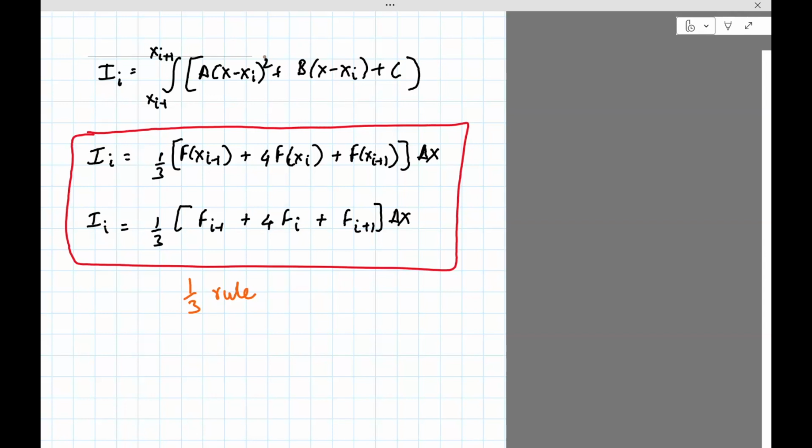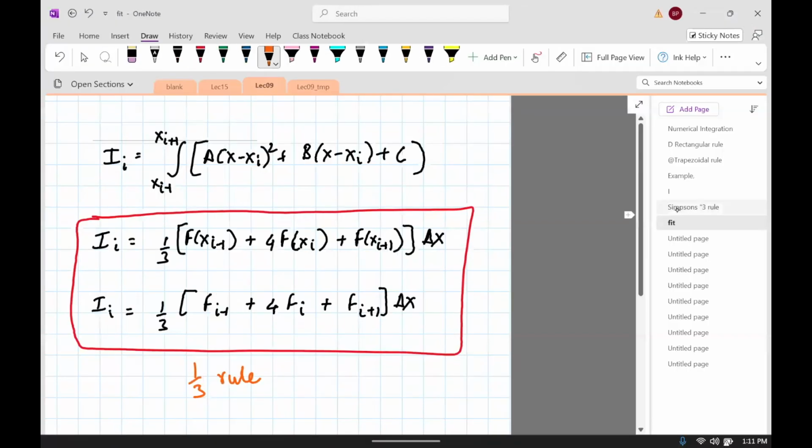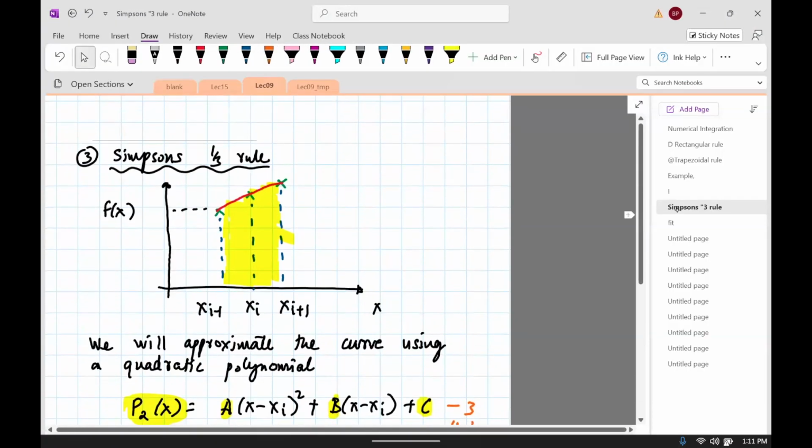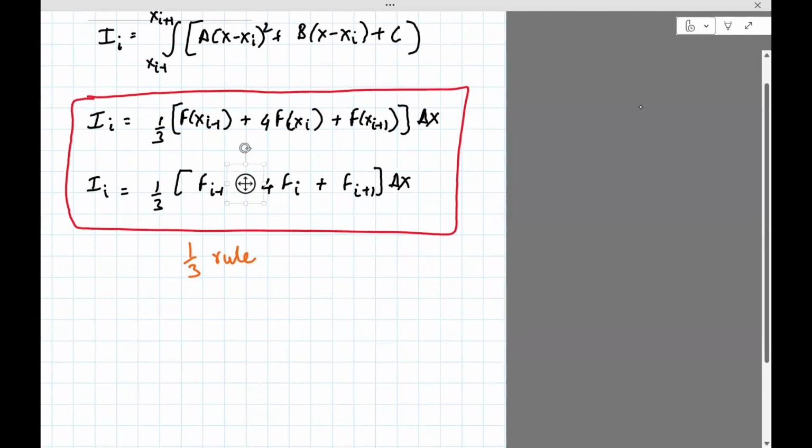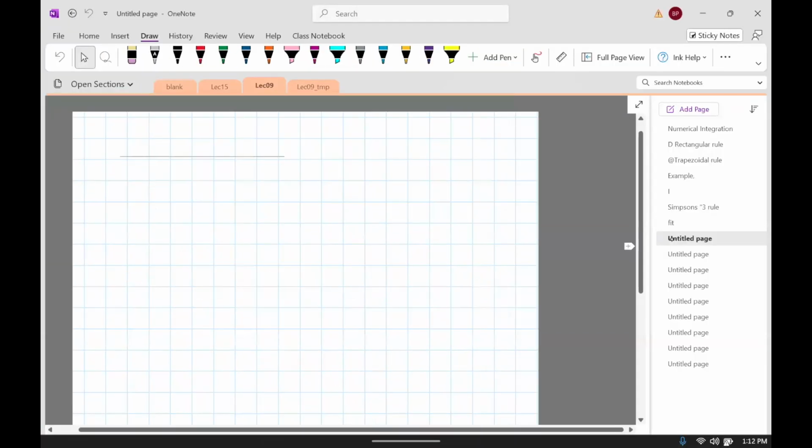Okay, so this is what you get only when you look at 3 points, 1, 2, 3. Now we want, in general, to estimate the integral for a bunch of points. So let's take a bunch of points. In fact, I'll take n equals 8, write down the formula, which will help you generalize to more points.